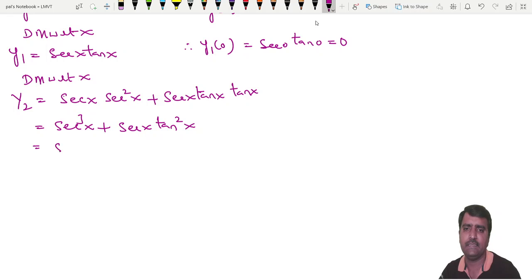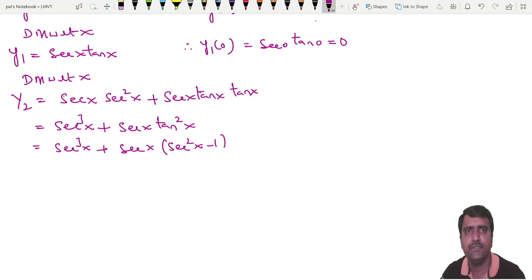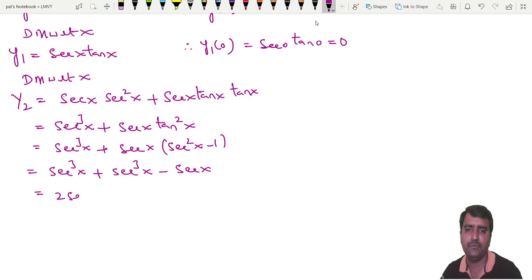Here, what is the formula for tan square x? Tan square x can be written as secant square x minus 1 by the trigonometric identity. I am writing tan in terms of secant, because if you write all the terms in terms of secant x, it is secant cube x plus secant cube x minus secant x, which is equal to 2 into secant cube x minus secant x.